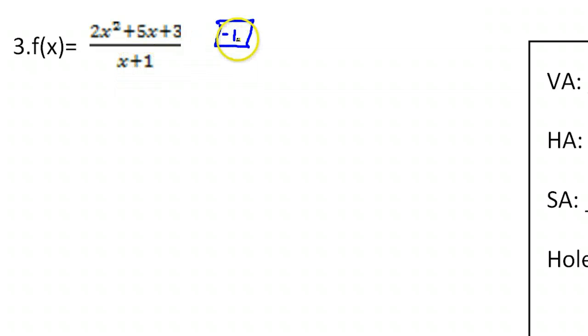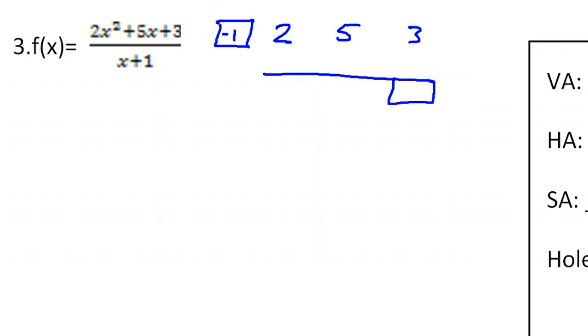So x plus 1 means we'll put a negative 1 here. Our coefficients are 2, 5, and 3. Okay, bring this down. 2 times negative 1 is negative 2. Add, you get 3. 3 times negative 1 is negative 3. That is 0.